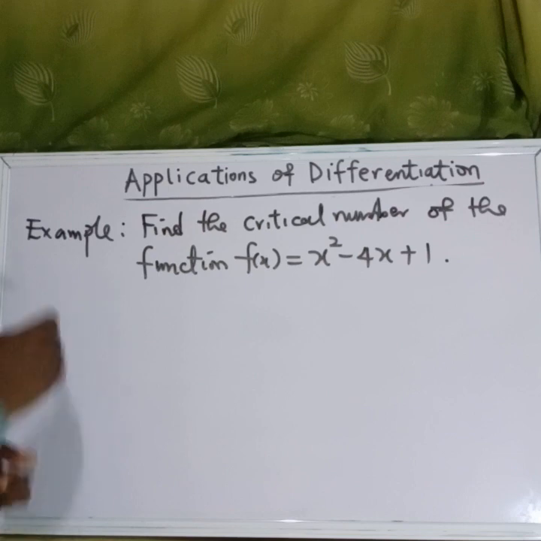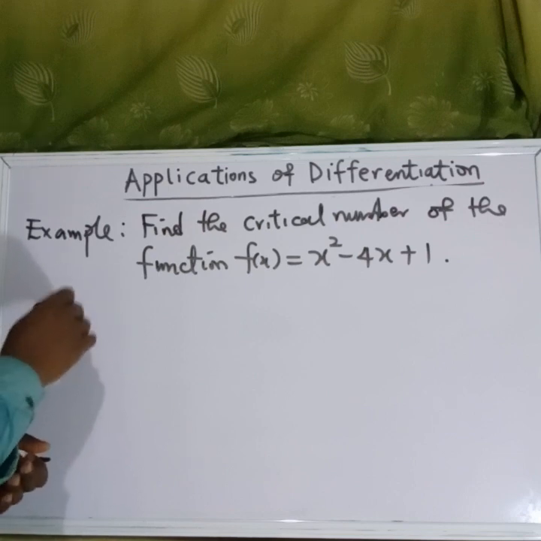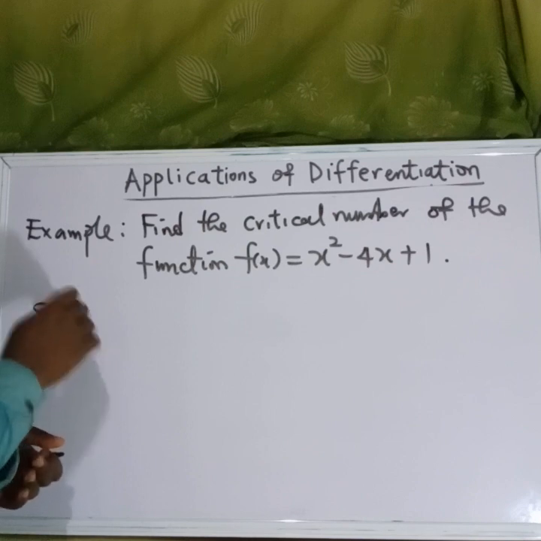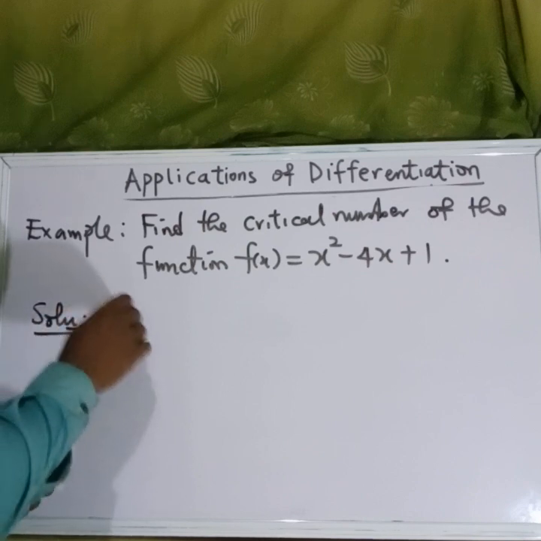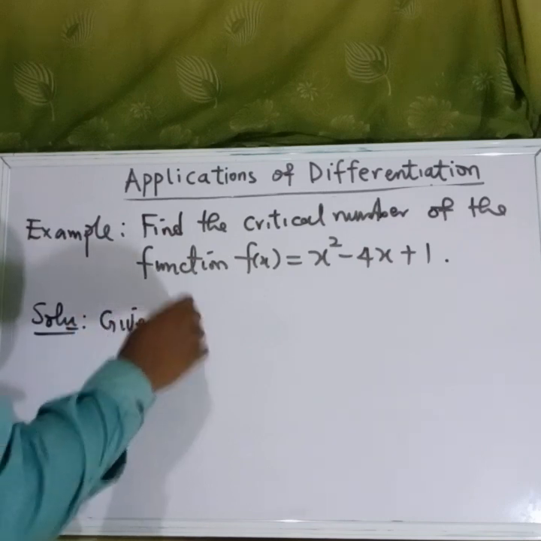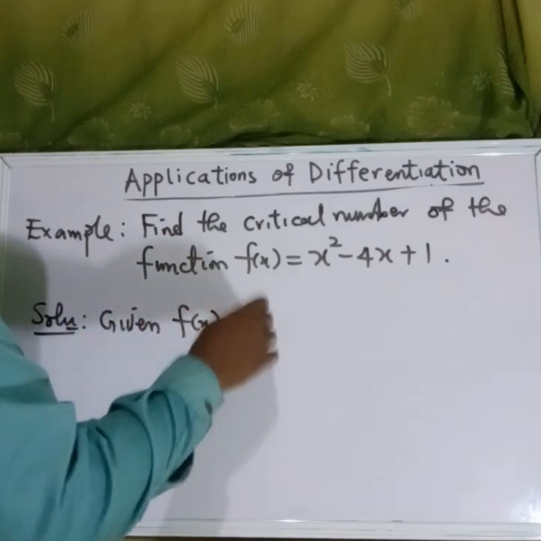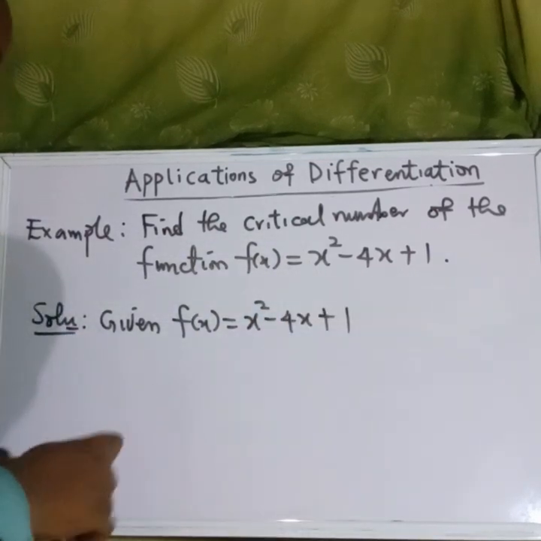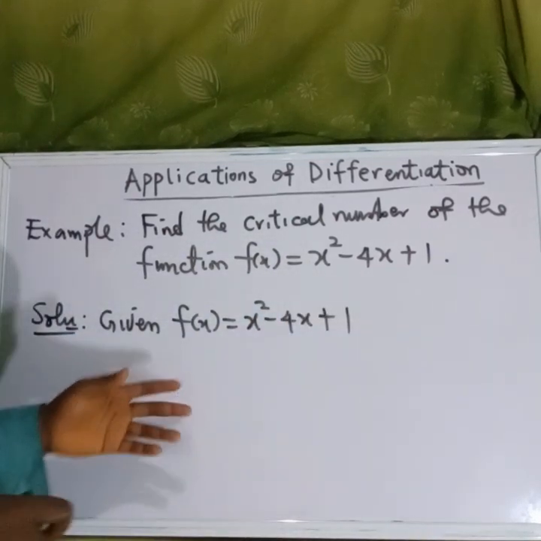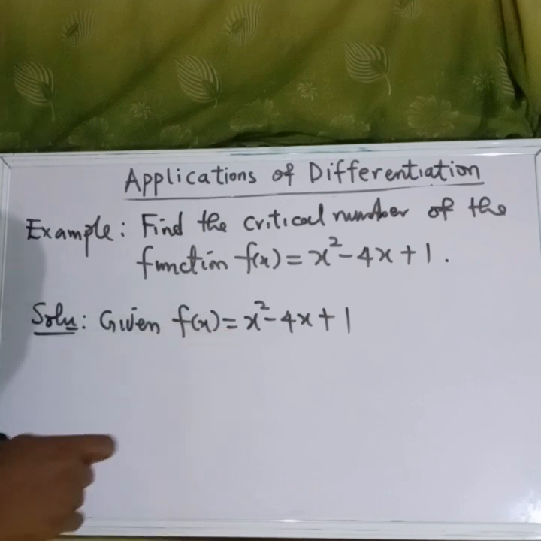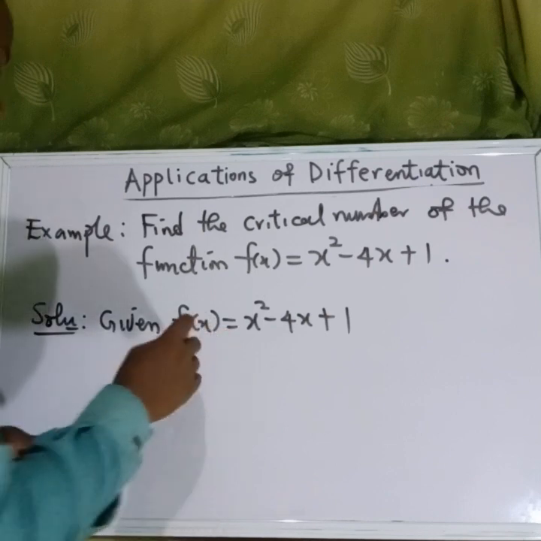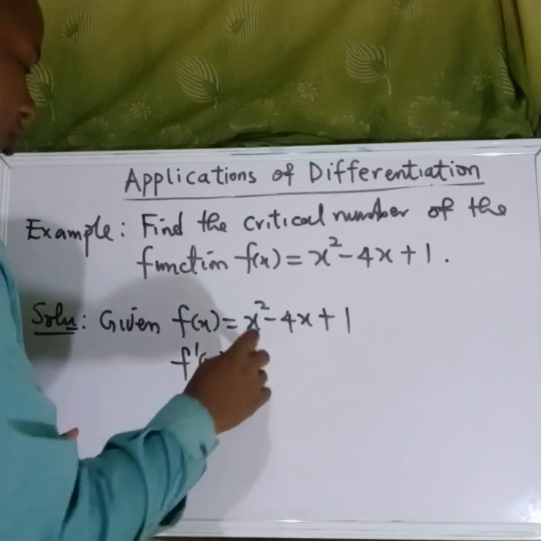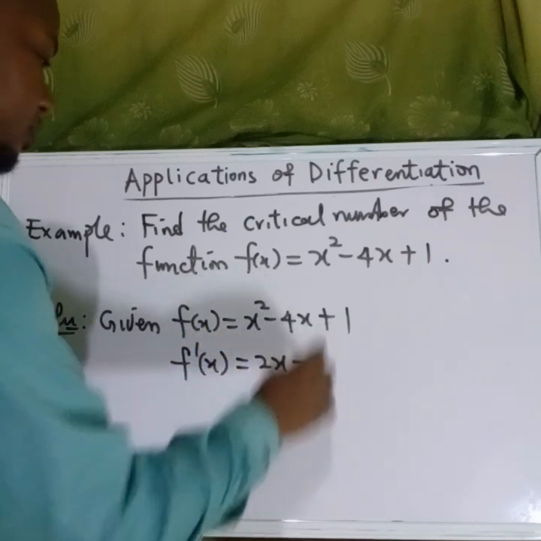So that's the solution. Here we are given f of x to be x squared minus 4x plus 1. According to the theorem, for this function to have a relative extremum, the derivative must also exist.